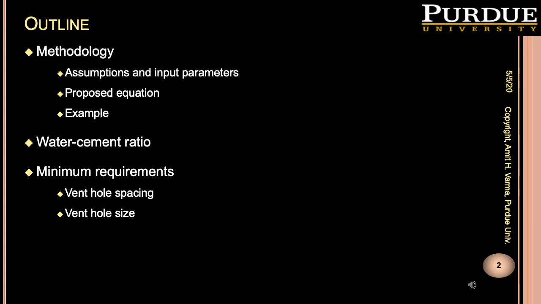But before I get into all of this discussion, let me talk briefly about why this topic is important. When we start talking about composite walls, we are talking about a significant volume of concrete which is sealed by steel plates on all sides. And there is a need to provide outlets for pressurized steam which would build up in all that volume of concrete as the temperatures start heating up.